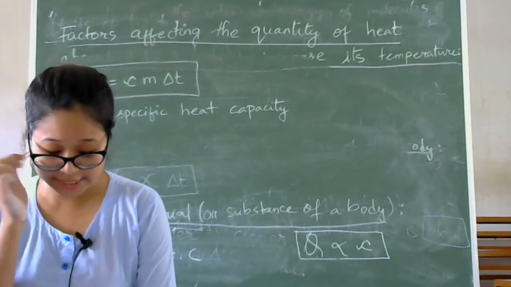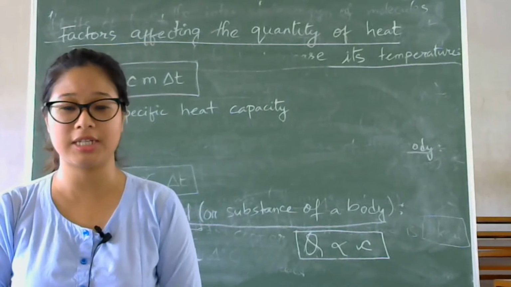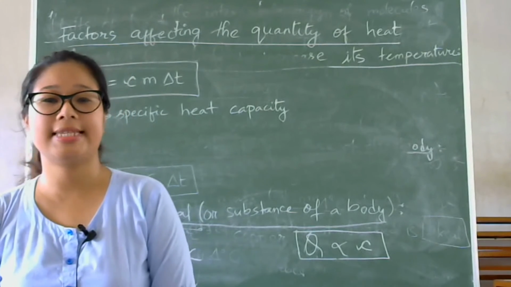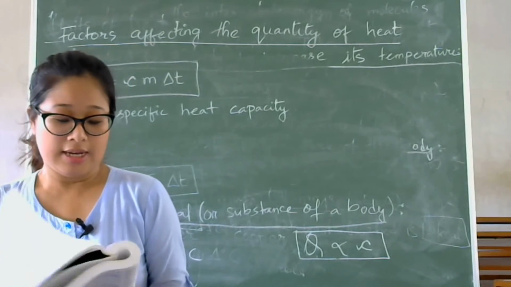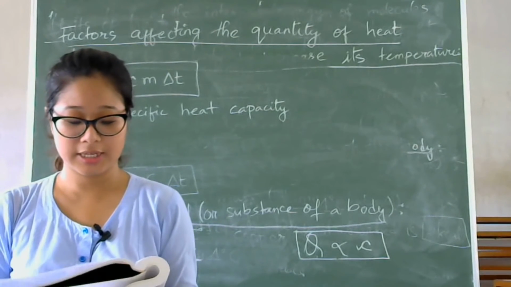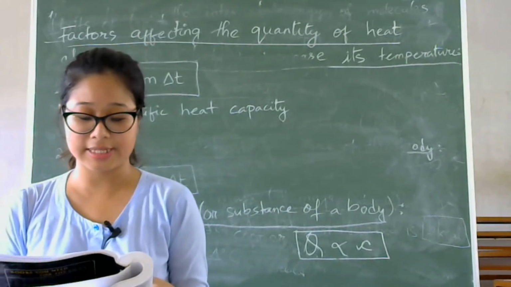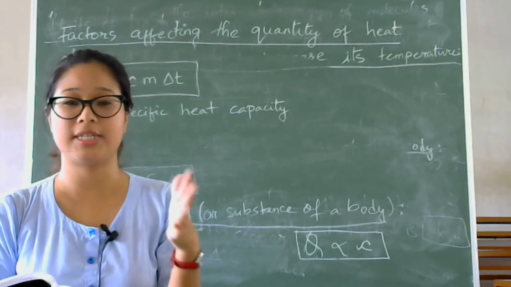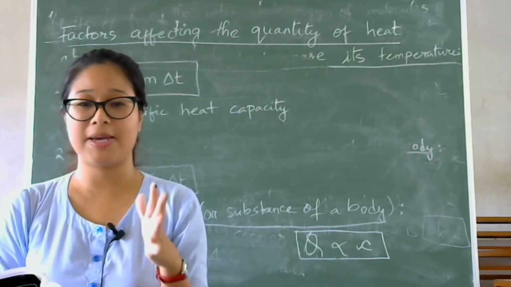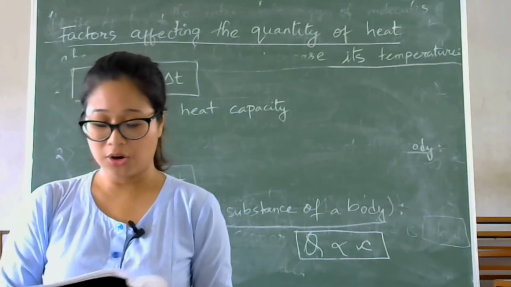And the second difference is that the SI unit of heat is joule, and the SI unit of temperature is Kelvin. The third point, the amount of heat contained in a substance depends on the mass, its temperature, and the material of the body.